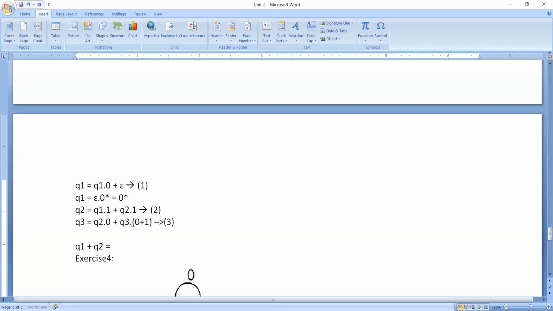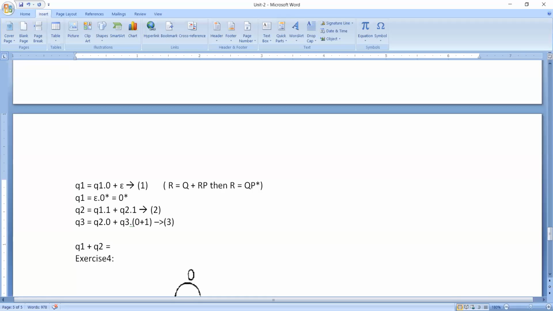For your reference, again I am going to write over here: R is equal to Q plus RP, then the solution is R is equal to QP star.